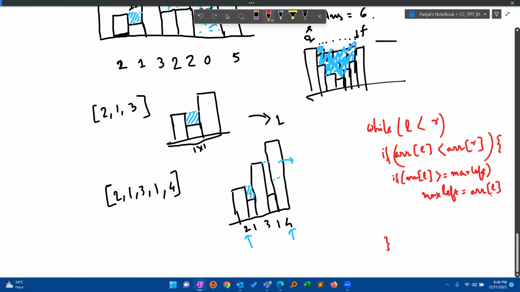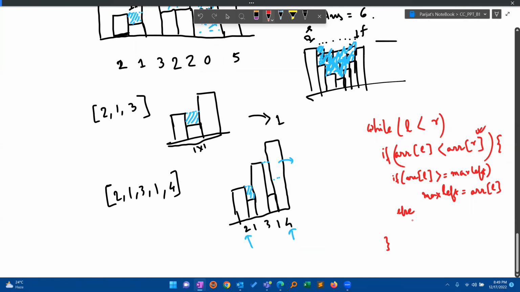If this is not the biggest one from the left hand side, then I know that there is some value on the left which is bigger than that, obviously, because this is not max left. So there is something on the left which is max, and I already know that on the right there has to be something which is greater than this. So otherwise I'll add water on top of that.